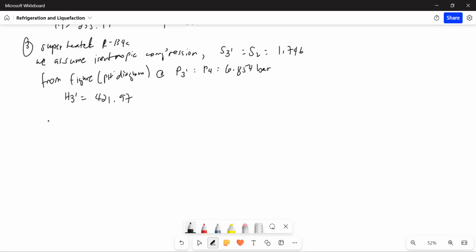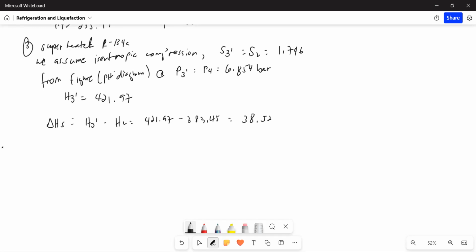So if we want delta HS, that's H3 prime minus H2, 421.97 minus 383.45, it's 38.52. Using the compressor efficiency, we can find the actual H3.